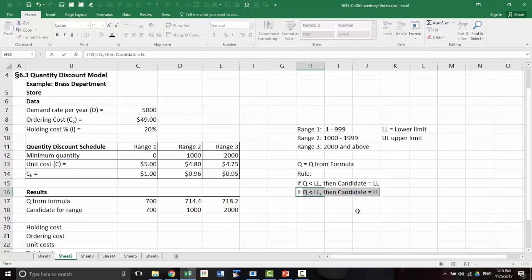The second case is if Q is greater than or equal to the lower limit and less than, or less than or equal to, the upper limit.